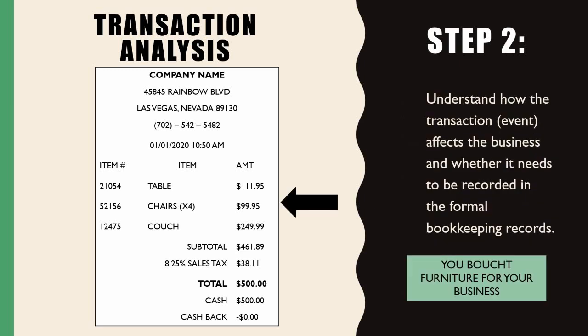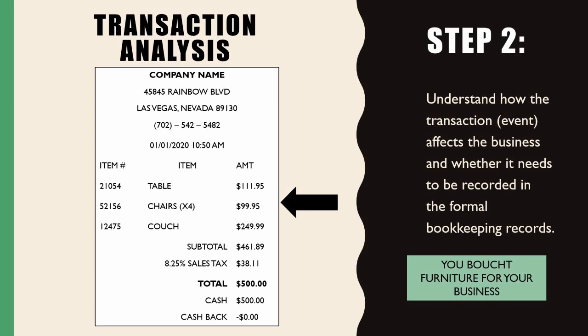That's where step 2 is: we need to analyze. We need to understand what has happened. That's why proof of a transaction is crucial: having a receipt, an invoice, a physical copy that something has happened, that a transfer of money has gone through. And you need to analyze it.